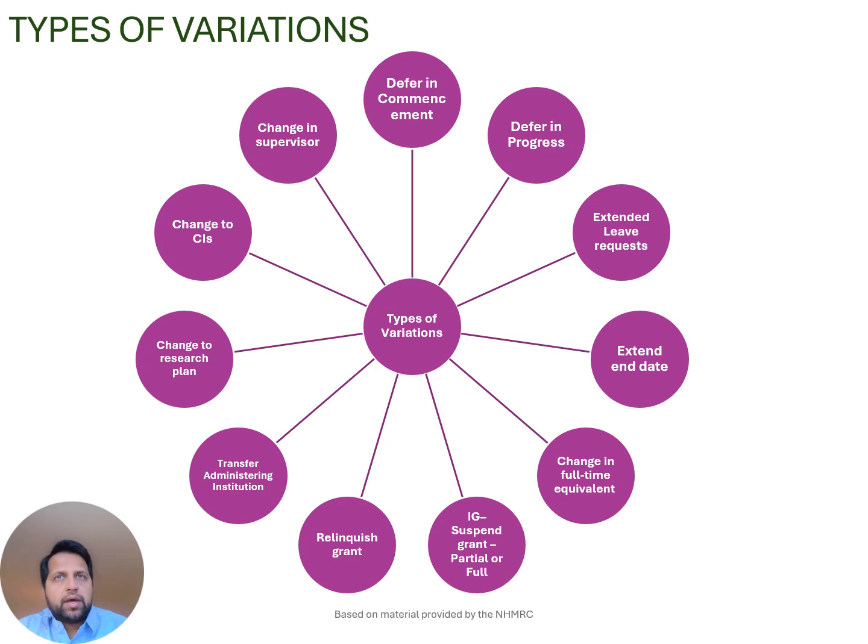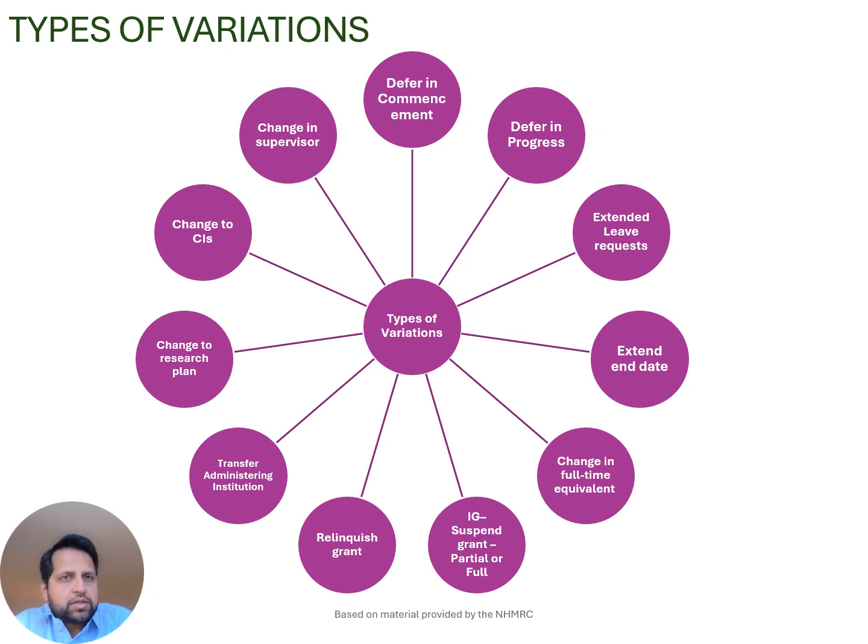If it is an improvement to the technique that you proposed in the beginning, by which you are going to achieve your goals and objectives, which remain the same as prescribed in the previous application, you don't need to submit this variation. It's only when the aims or objectives change.